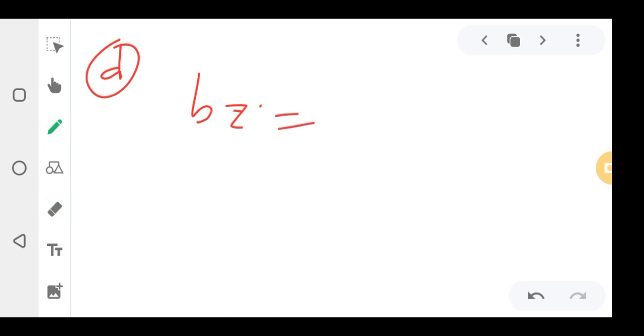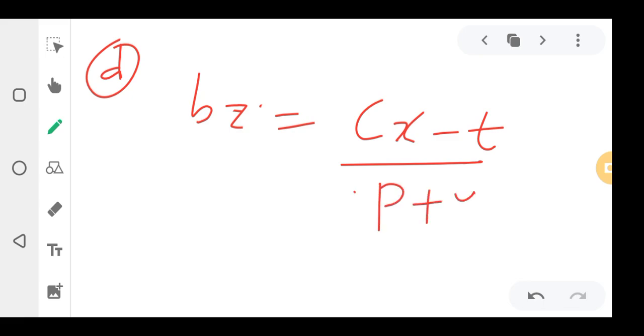Bz is equal to cx minus t over p plus y. We're making x a subject.